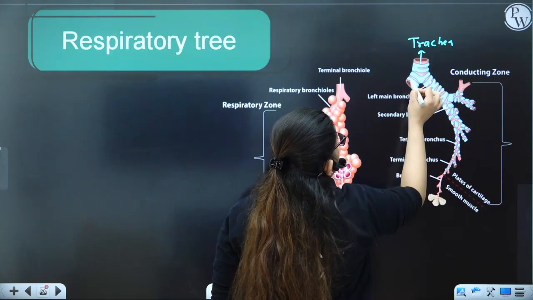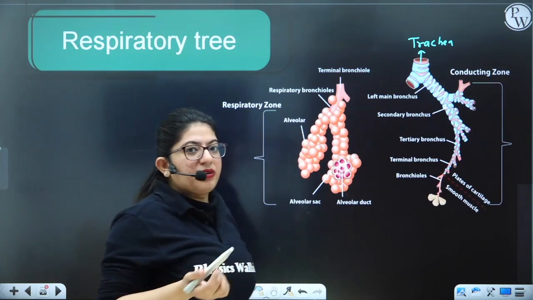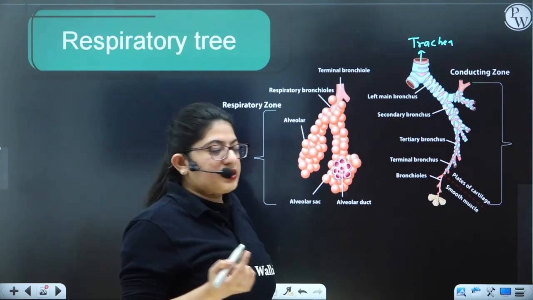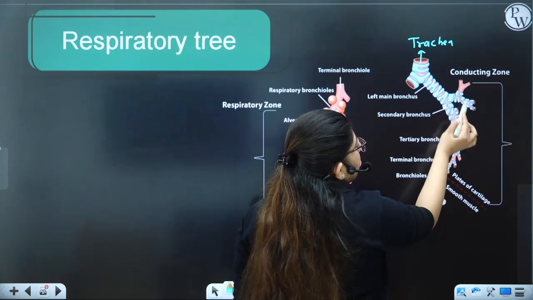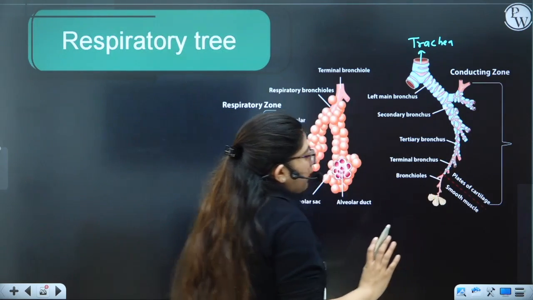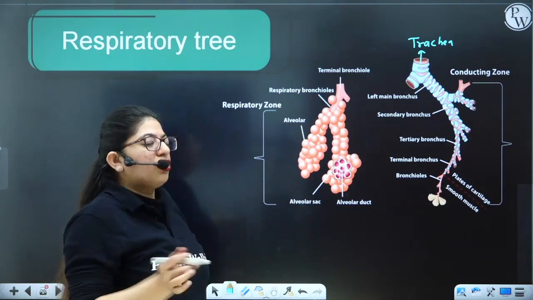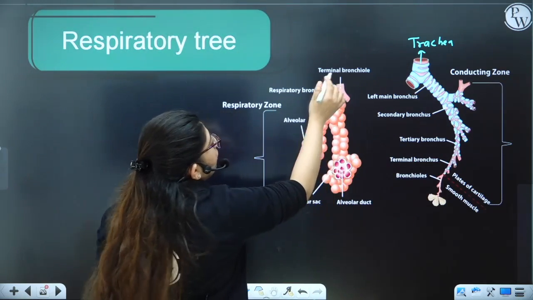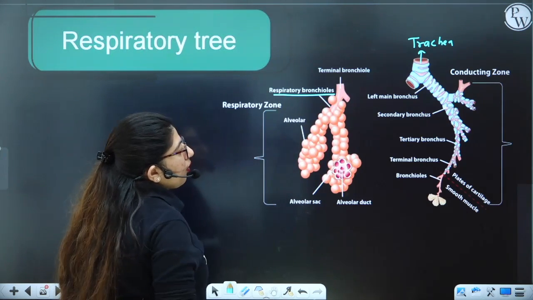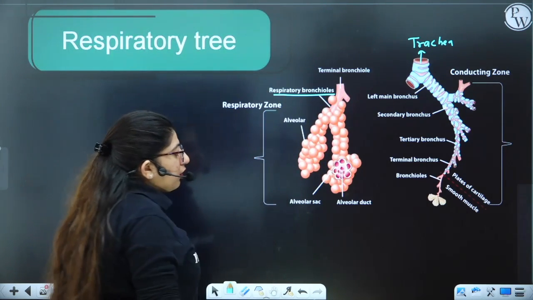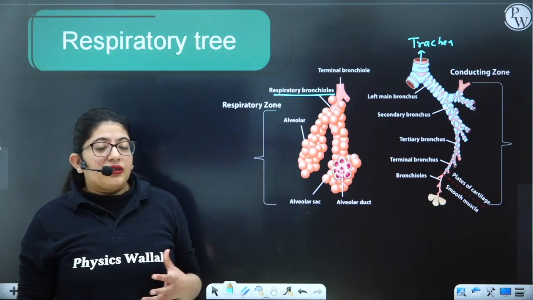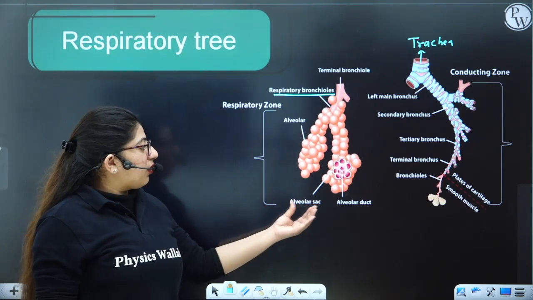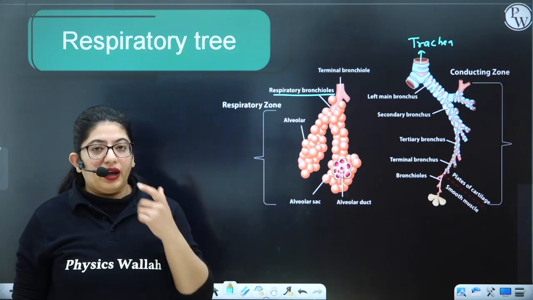Trachea opens into main bronchi, the primary bronchi. Singular is bronchus. It opens into secondary bronchus, then tertiary, then terminal ones. This was the conducting zone. There was no exchange of gases. Then this one opens into the respiratory bronchiole, then into alveoli. What is the difference between alveolar sac, alveolar duct and alveoli? All right.